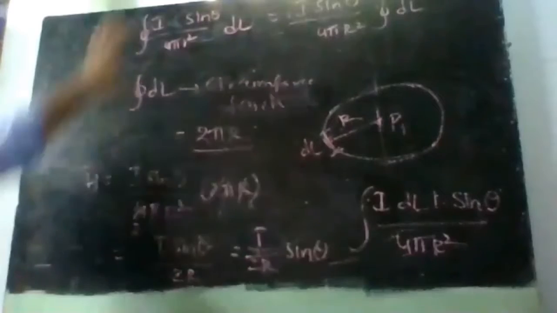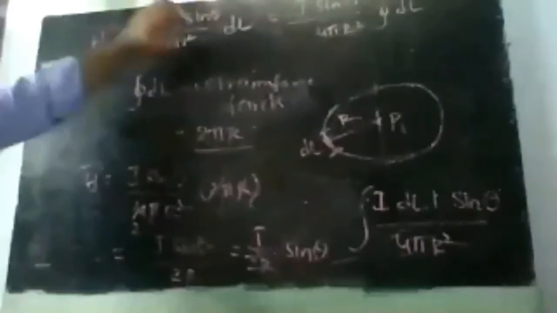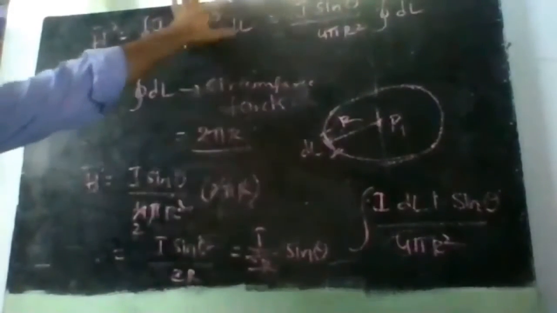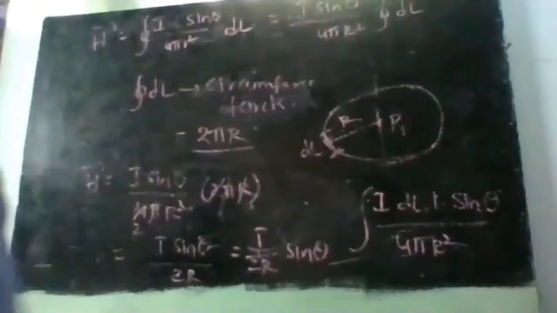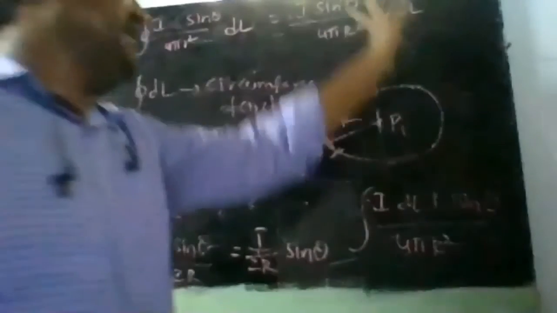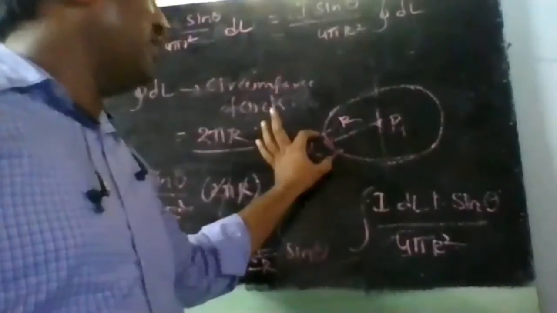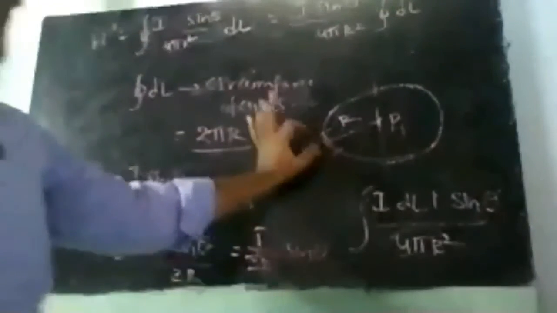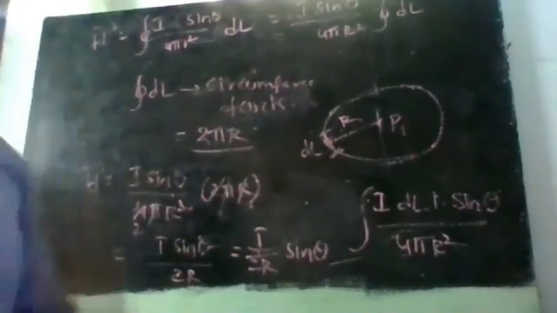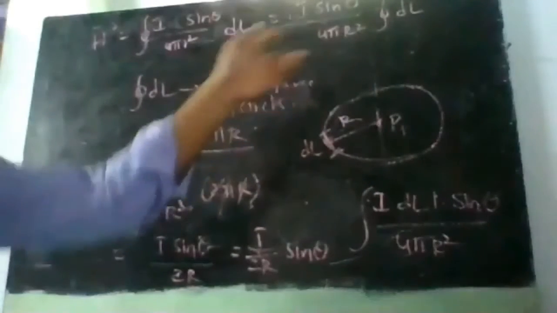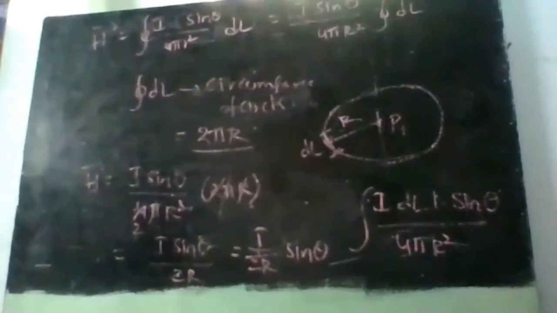All these things are constant with respect to l, so we can put them outside, and then we'll get only integral dl. What is dl? Dl is a small portion of the circle. When I integrate this small portion over the entire ring, that is nothing but the circumference of the circle, which is given by 2 pi r.